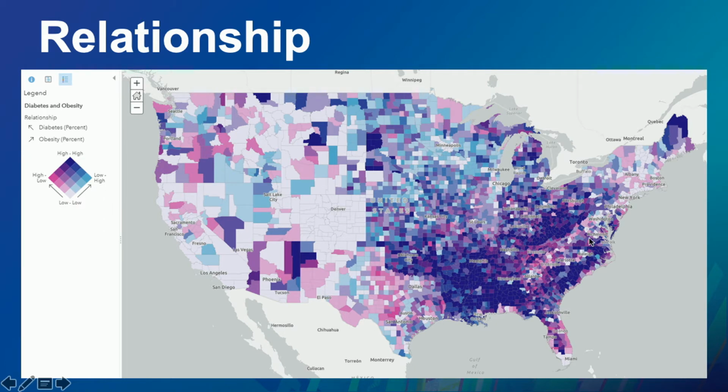So you see, again, Appalachia, the Deep South, the Carolinas, where both those variables are high. And this is, like Christian said, all of these examples, these higher level styles are under the hood just Arcade expressions. But the smart mapping APIs and ArcGIS Online will generate those for you based on your data.